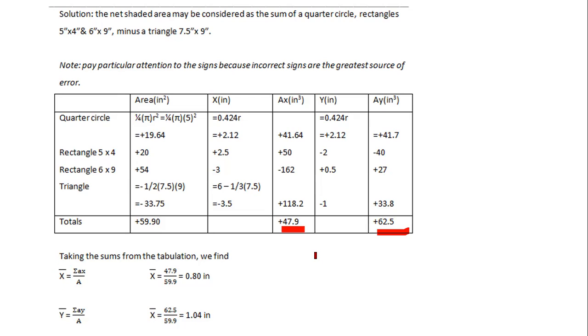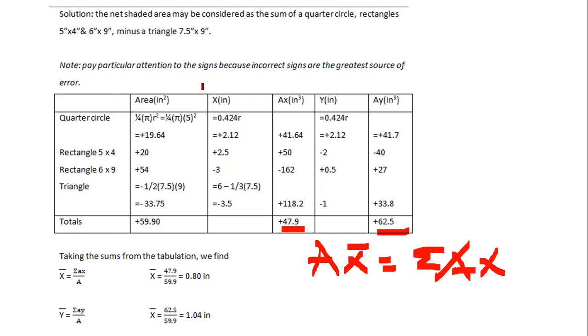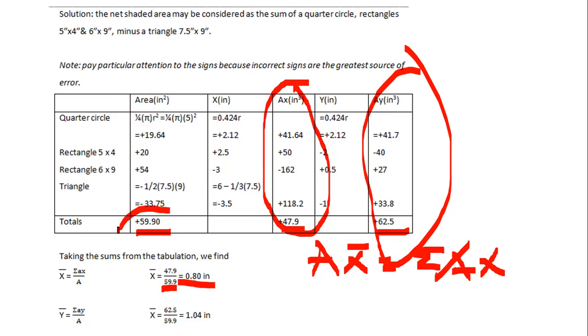You have AX bar for X is equal to summation of AX. The summation of AX is this one, so we can have this 47.9 over the total area, which is 59.9. We can compute 0.8 as our centroid along X. And similarly for Y, we just substitute this AY, and then you have the total area as well. You can have 1.04.